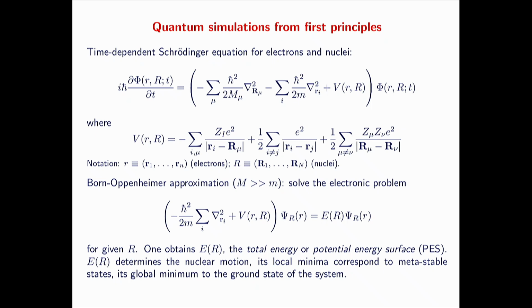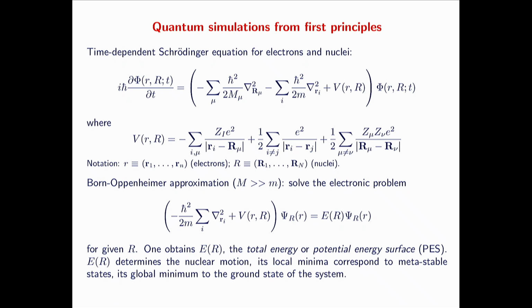So mathematically, what you do is that you write the all-electron and nuclear wave function as a product of nuclear wave functions times an electron wave function depending upon the nuclear position.